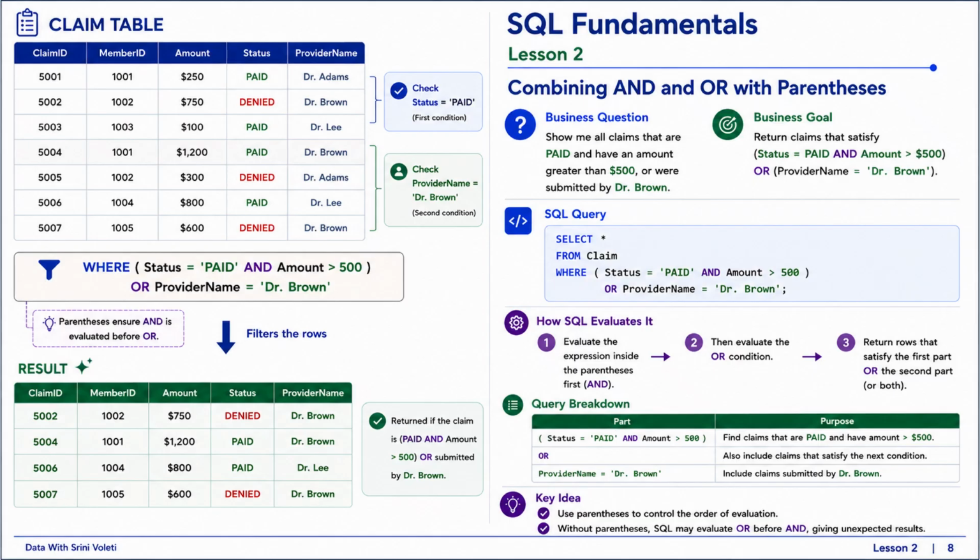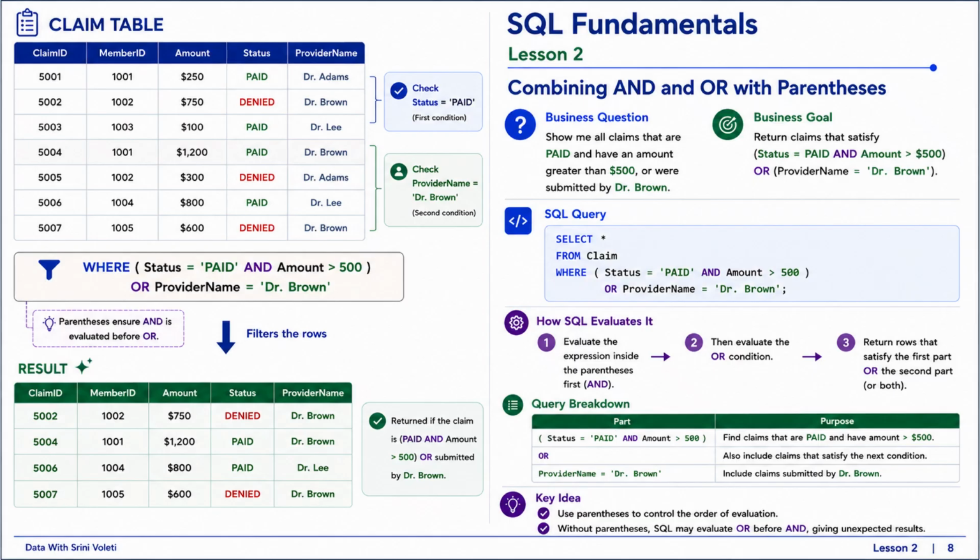Claim 5004. This claim is paid. Its amount is $1,200 and it was submitted by Dr. Brown. It satisfies both parts of the query. Naturally, SQL returns the row. Claim 5005, the claim is denied. Its amount is $300 and it was not submitted by Dr. Brown. Neither condition is true, so SQL excludes it.